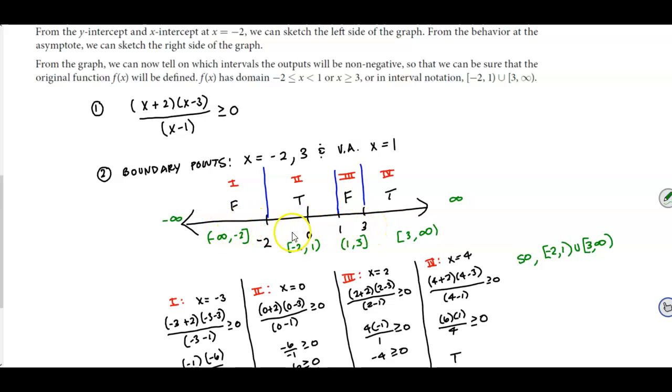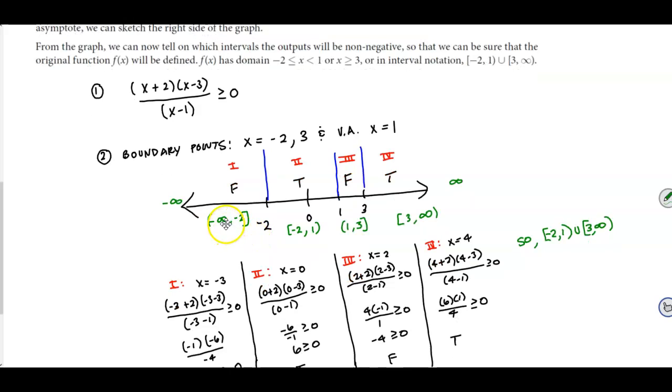Before we figure out which regions are true and which are false, we need to figure out the interval for each. The interval that goes from negative infinity to negative 2 is parenthesis negative infinity, negative 2 with a bracket. The reason it's a bracket is because it's greater than or equal to, and negative 2 as a boundary point is in the numerator.